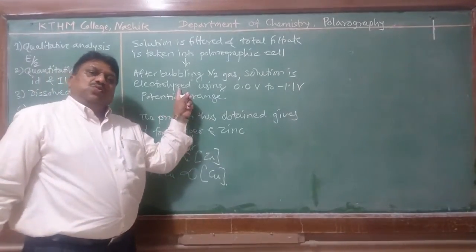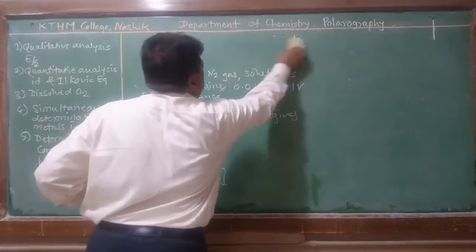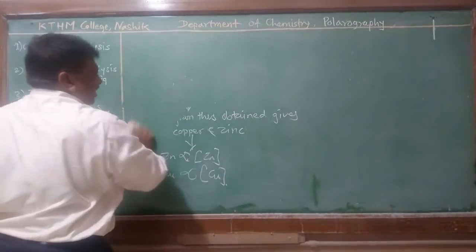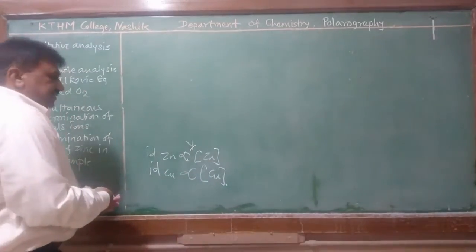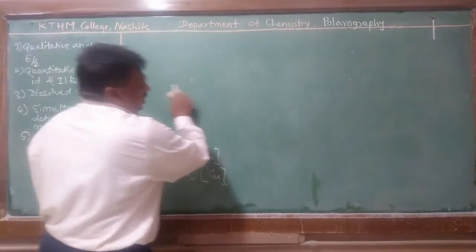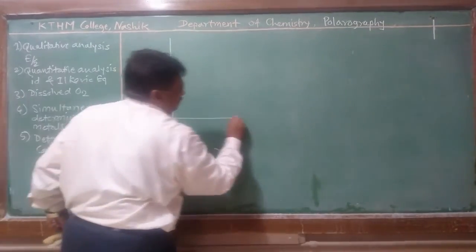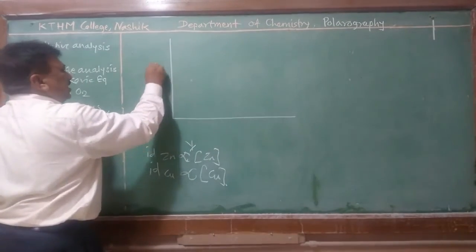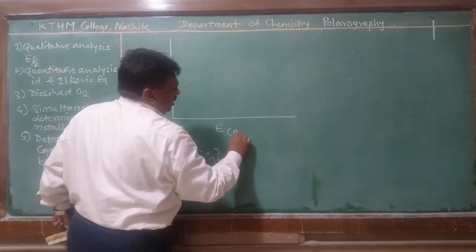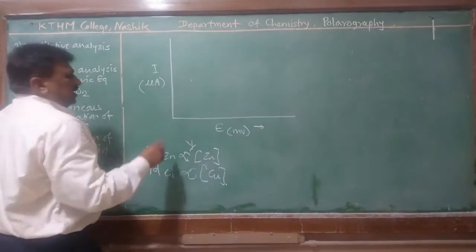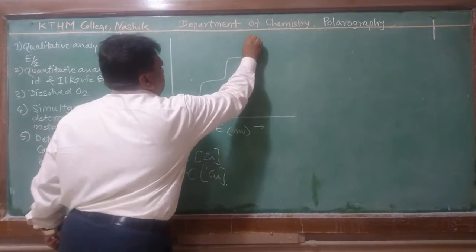Now here we have to discuss how this polarogram is obtained. The polarogram in this analysis consists of three stages of diffusion current. Here the polarogram is current I in microampere versus EMF in millivolt. The polarogram consists of three stages in this fashion.